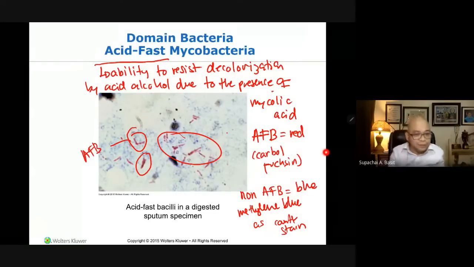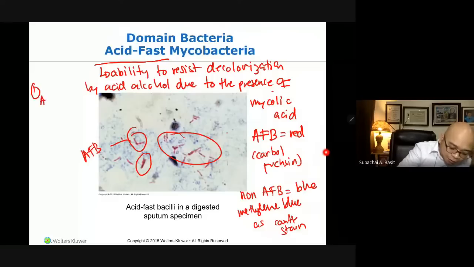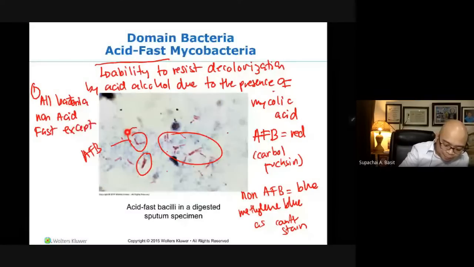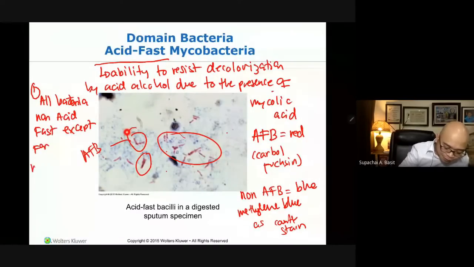So what are the rules? The rules are: all bacteria are non-acid-fast, except for Mycobacterium.